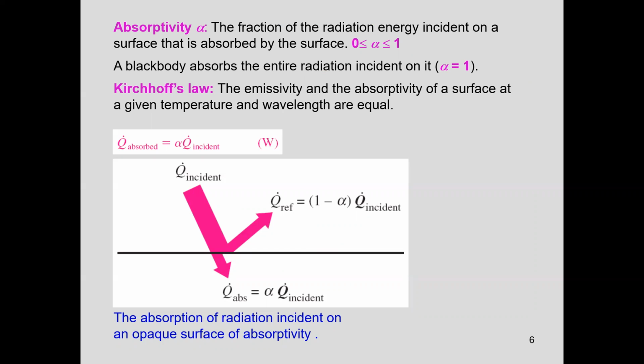So Kirchhoff's law states that the emissivity and the absorptivity of a surface at a given temperature and wavelength are equal. The absorption of radiation incident on an opaque surface of absorptivity can be given by some simple rules.